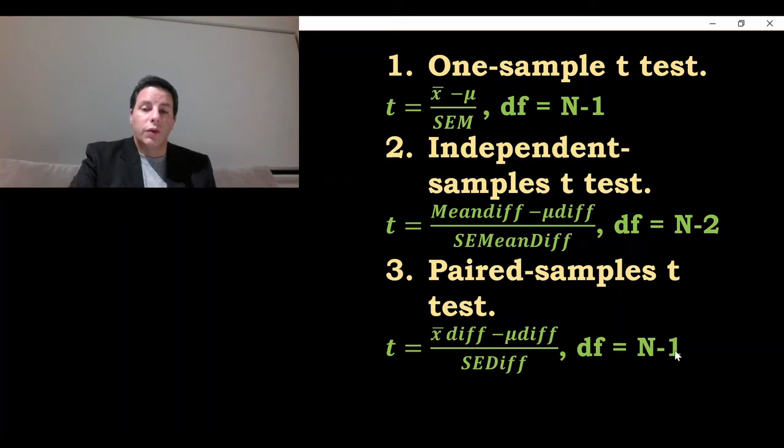So again, because mu diff is 0, then in a sense it's just having the mean of the difference scores. And we divide by the standard error of difference scores. But this is also the same as the standard error of the mean.